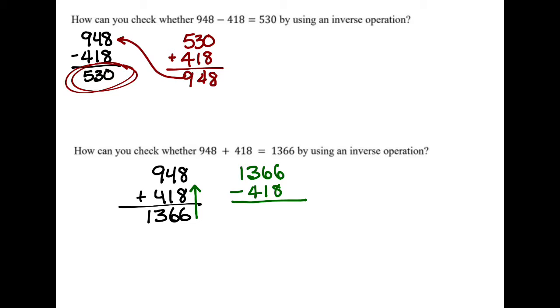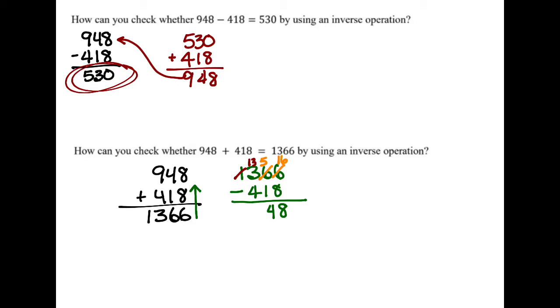All right, so we can't take 8 from 6, so we're going to borrow. 6 is a 5, and the other 6 is now 16. So 16 minus 8 is 8. 5 minus 1 is 4. And now rather than borrowing, well, let me show you. If I were to borrow right now, can't take 3 minus 4, so I borrow from the 1, and it becomes a 13.